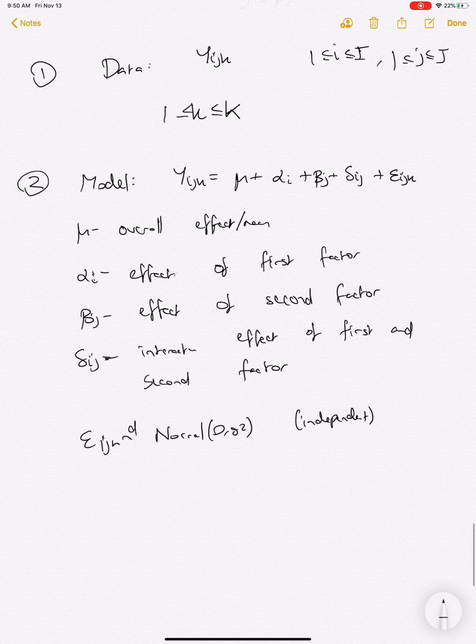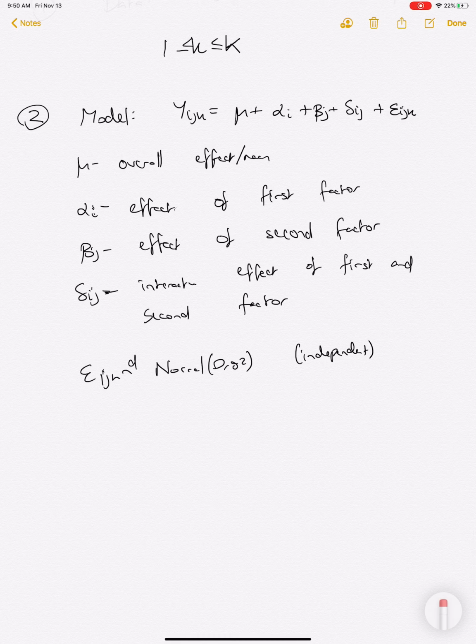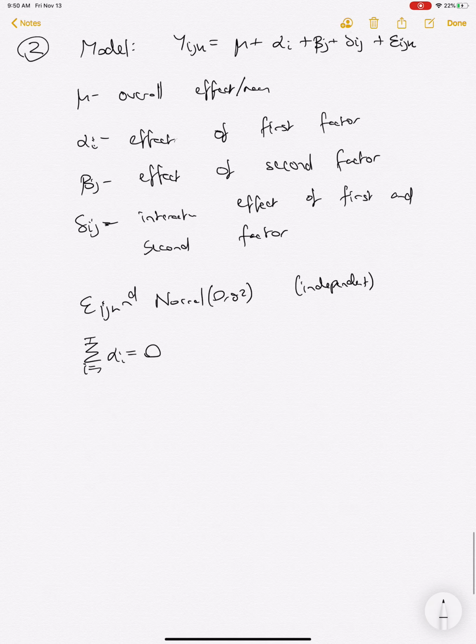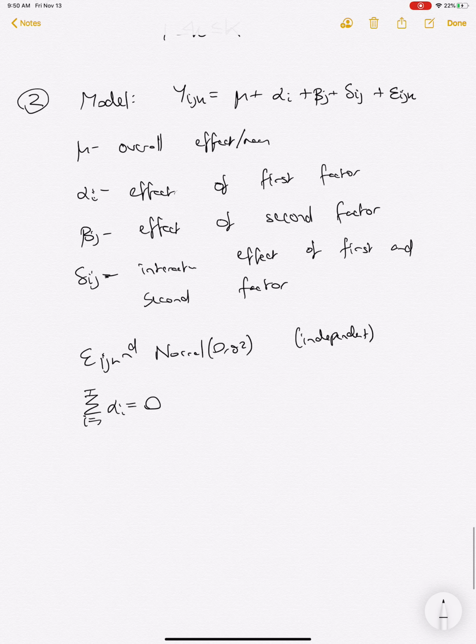And once again, we're going to have these constraints. So we have the constraint that the overall effect of the groups of the ith factor is 0. The overall effect of the jth factor is 0.